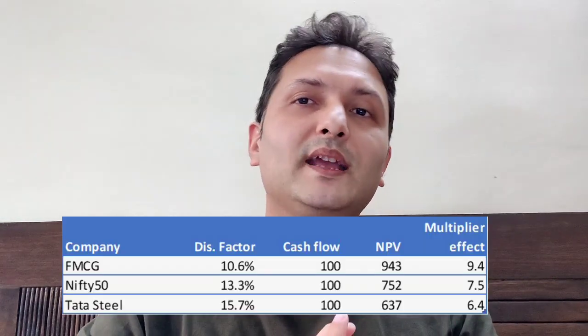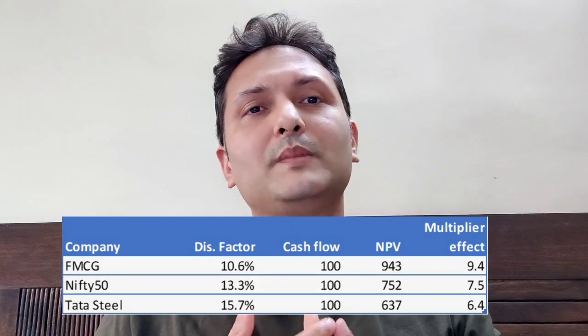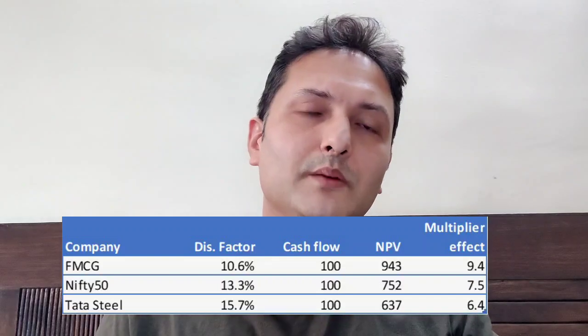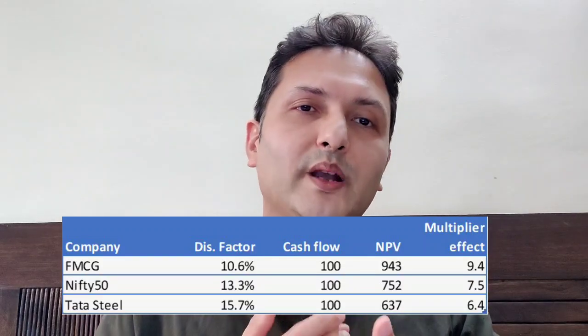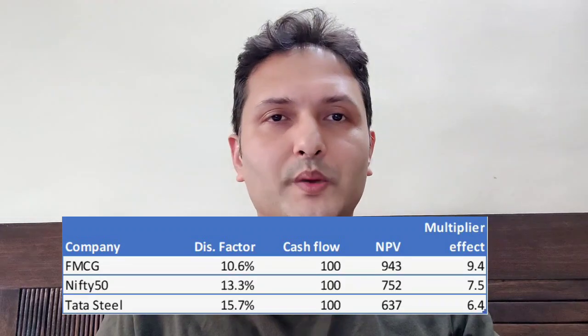We will see how the same cash flow can make a stark difference in terms of present value if we are discounting them with a different cost of equity. If I am discounting 100 rupees cash flow for FMCG companies, I am getting a valuation of somewhere around 940 rupees. Similarly, when we are discounting for the Nifty 50 companies, which is at 13.3%, I am getting an NPV of 750 rupees.